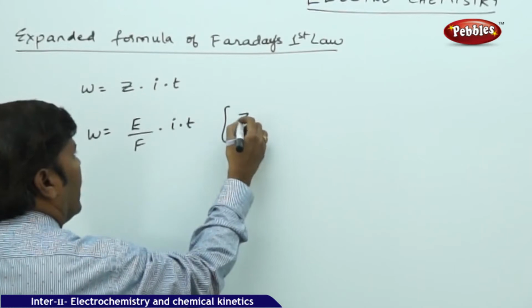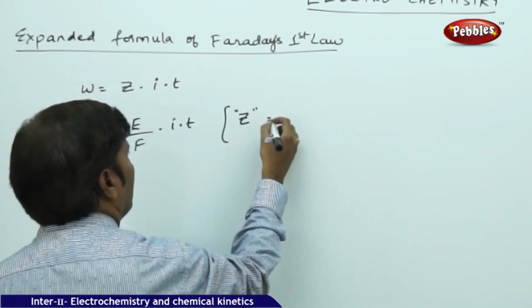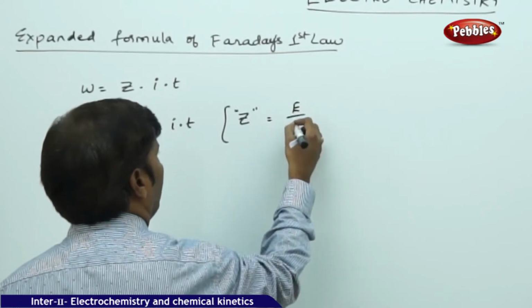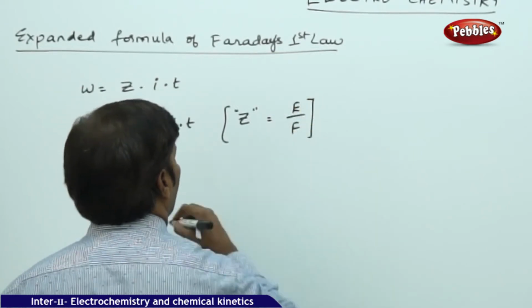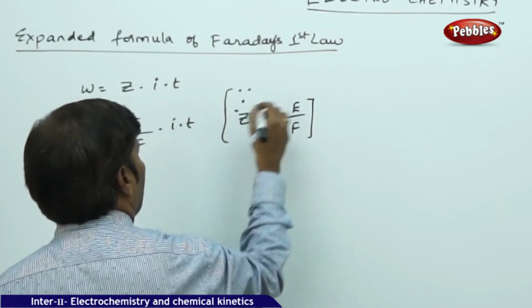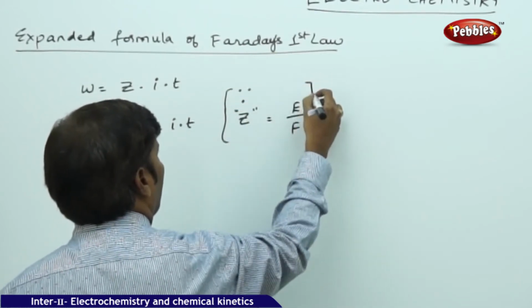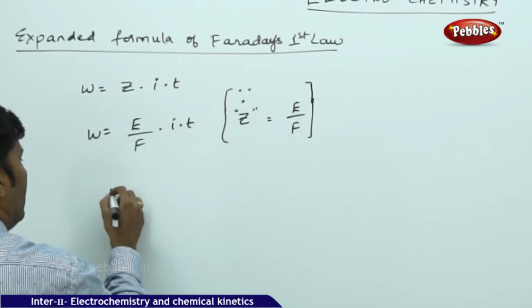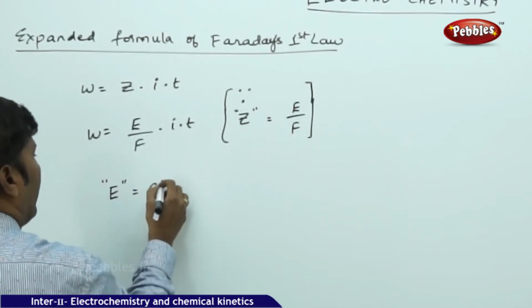That means the electrochemical equivalent of the electrolytic cell is equal to capital E divided by F, where E is called the chemical equivalent.